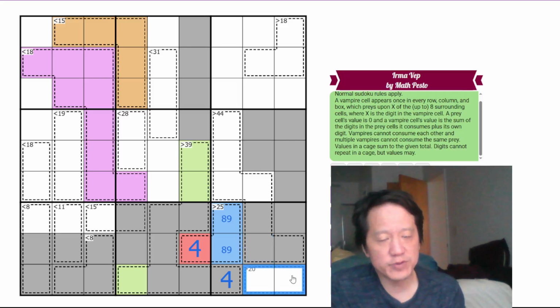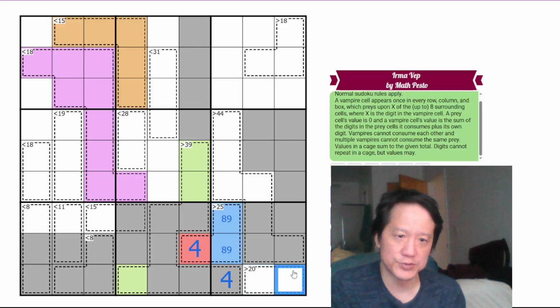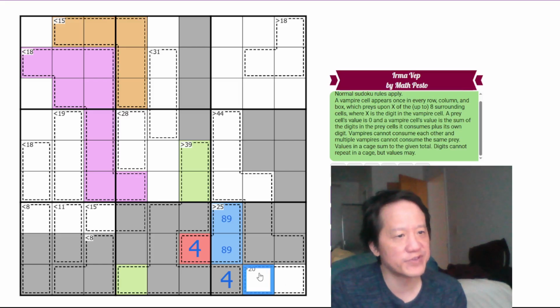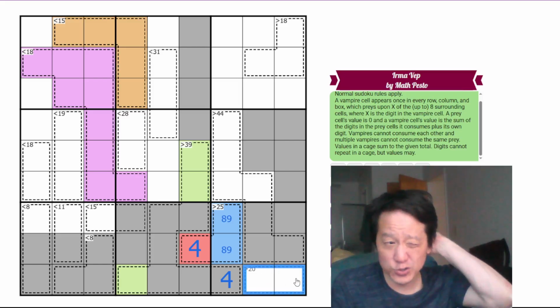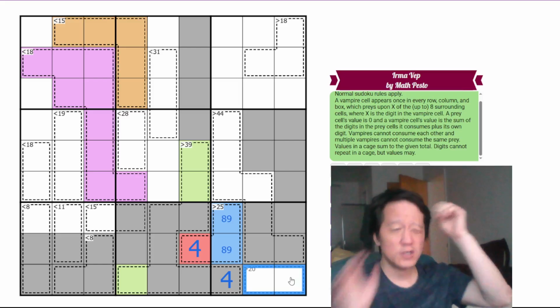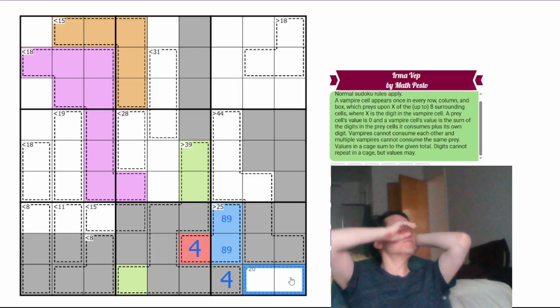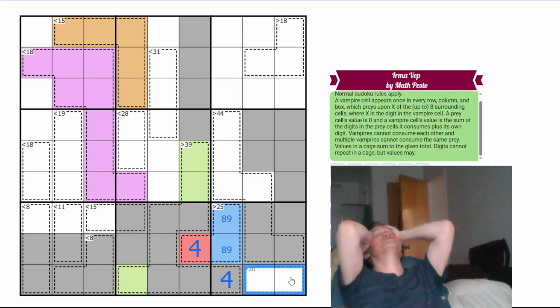So if it preys upon 2 digits, it cannot be prey upon 1 digit. We know that for certain, because if you have 1 with 7, that adds up to 8, right? You could have 2 digits it preys upon.